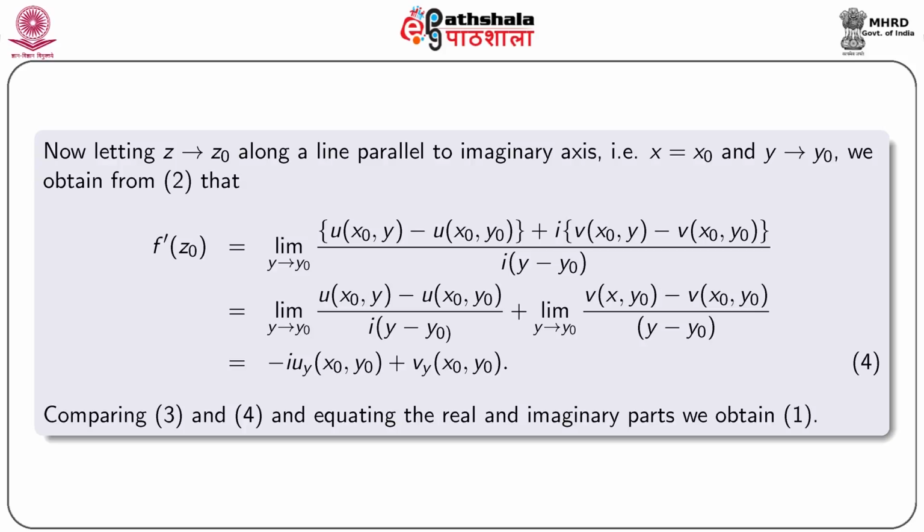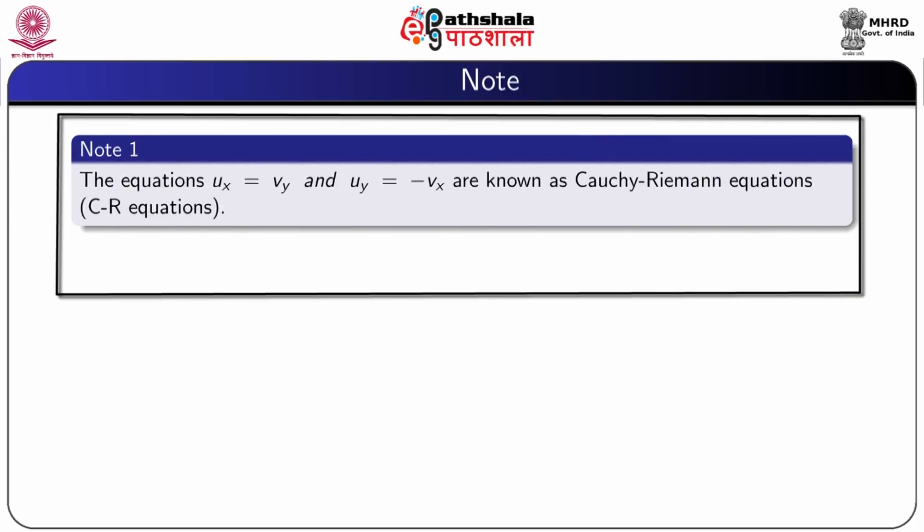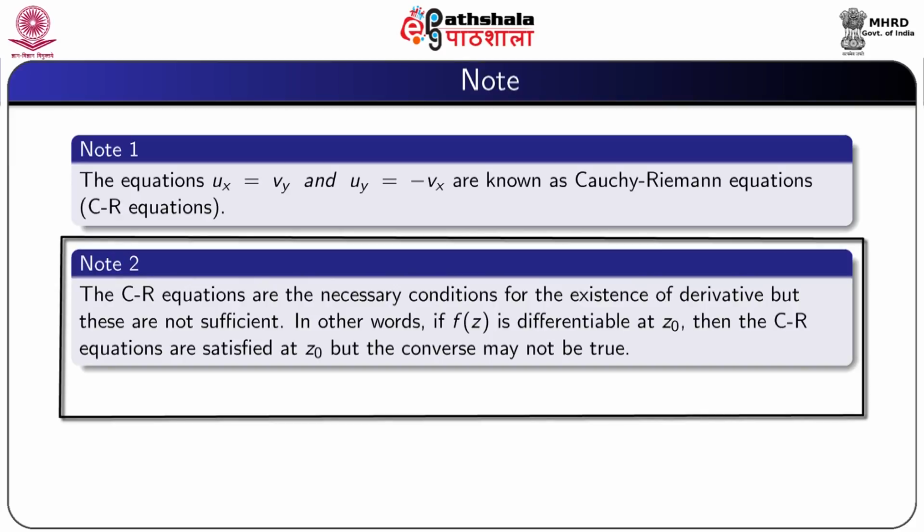So, since f'(z0) exists, 3 and 4 must be identical. So, comparing 3 and 4 and equating the real and imaginary parts, we obtain u_x equal to v_y and u_y equal to minus v_x, which is our required result. So, note the equations u_x equal to v_y and u_y equal to minus v_x are known as Cauchy-Riemann equations, that is CR equations.